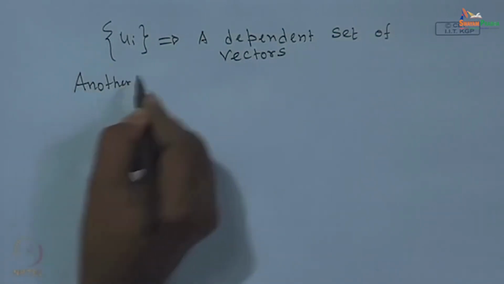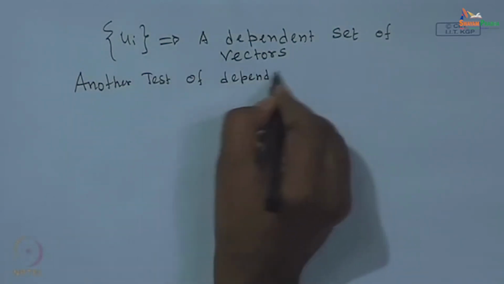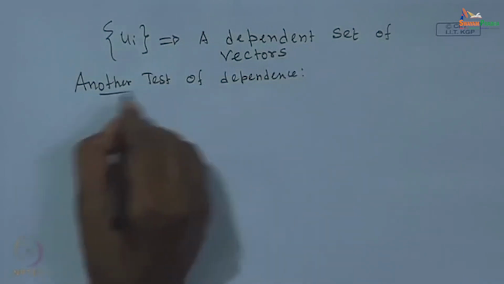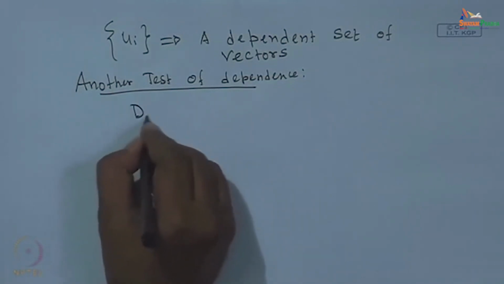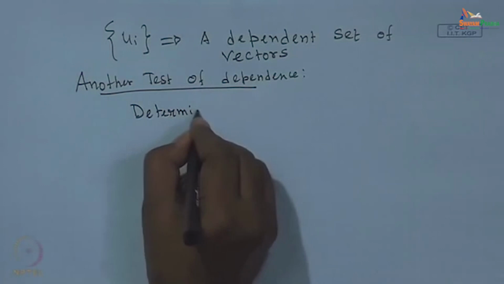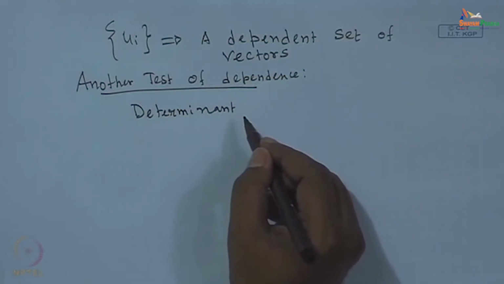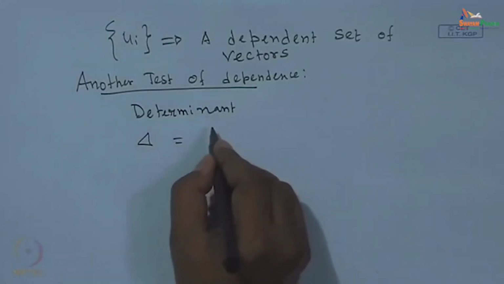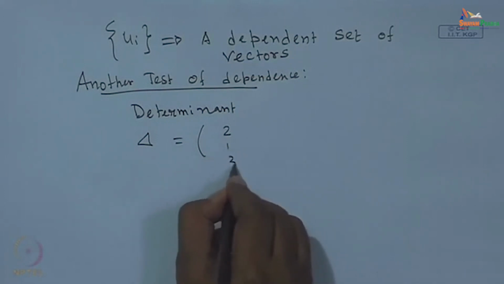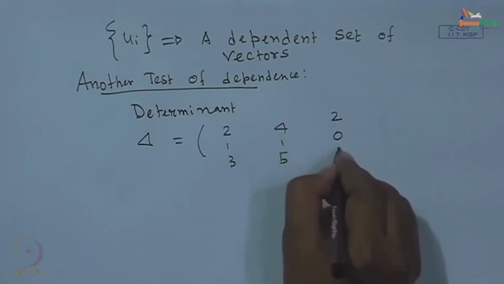That test is that we evaluate the determinant produced by these three equations. Basically, the coefficients of these three equations will be the elements of this determinant. So, the determinant will be 2, 1, 3, 4, 1, 5, 2, 0, 2.